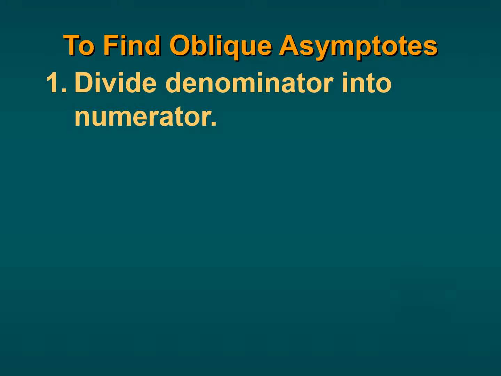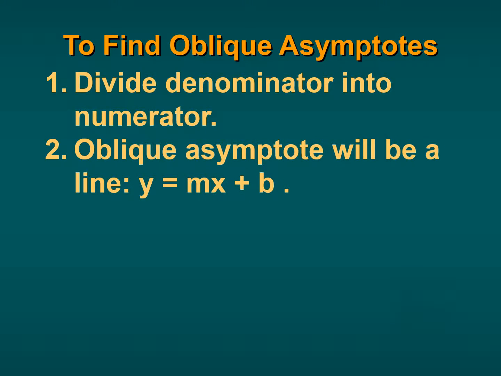In order to find the oblique asymptote, you're going to divide the numerator by the denominator. You're going to have to use the long division method that we learned in a previous chapter. Once you've done that, you're going to have your oblique asymptote, and it's going to be the line y equals mx plus b. So it's going to be a linear line.